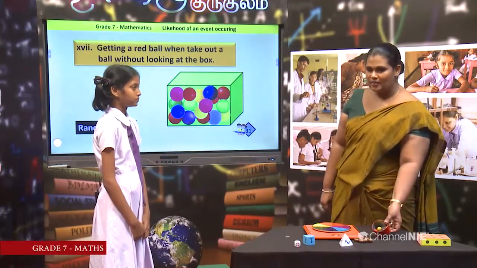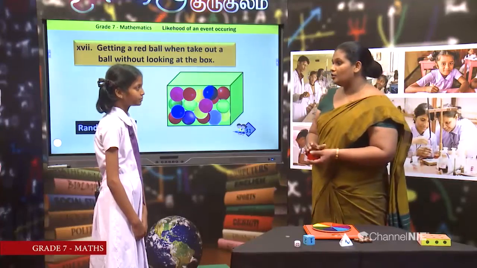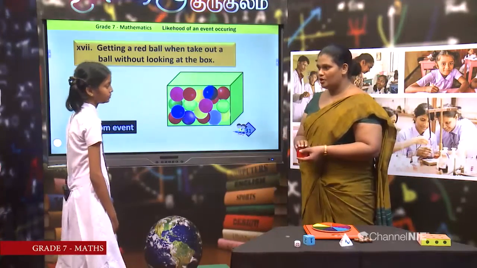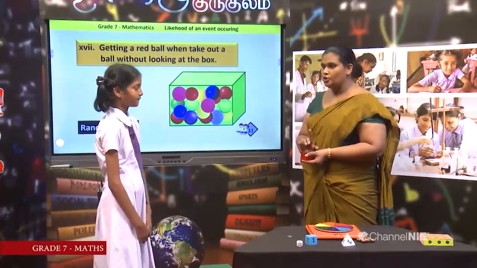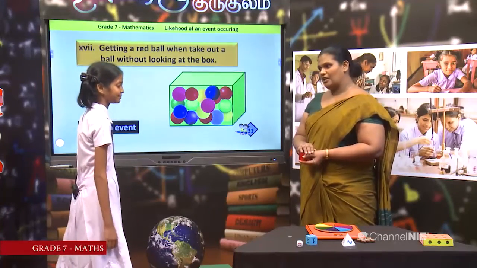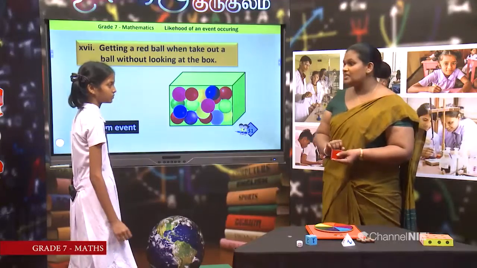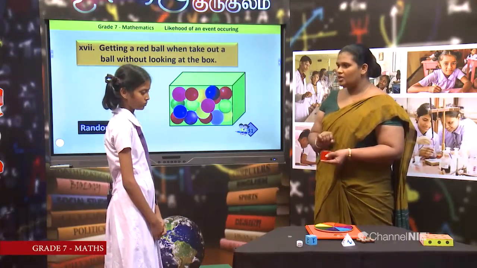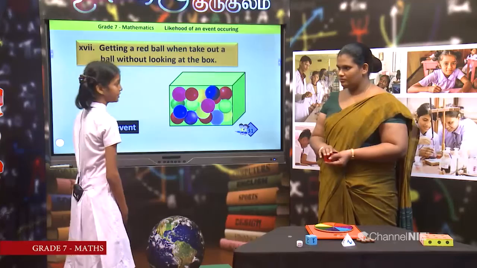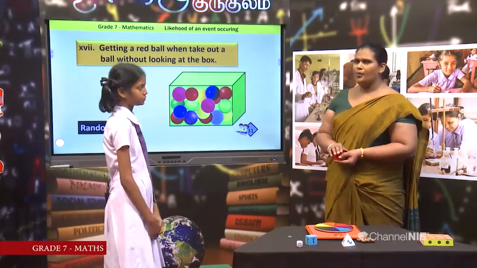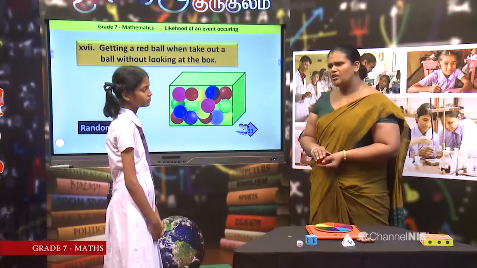So, we will see. Now, Shenara, you need to get one bead out of this box, but you cannot look at the beads in here, right? Before that, I have beads in 6 colors. Which color do you want? I want green color. You want green one. Okay, I'll say you might get the white one.